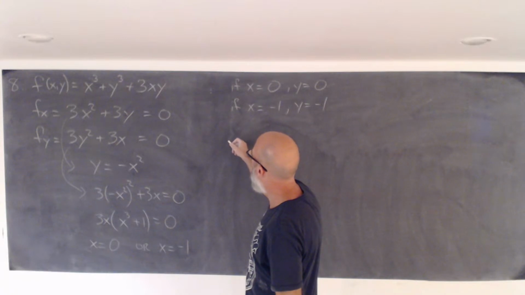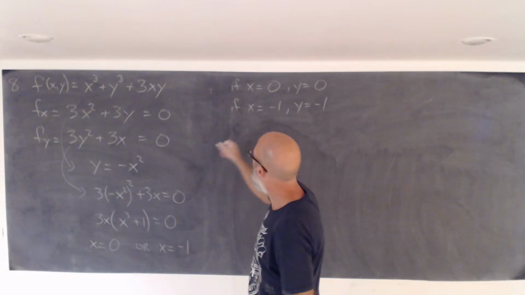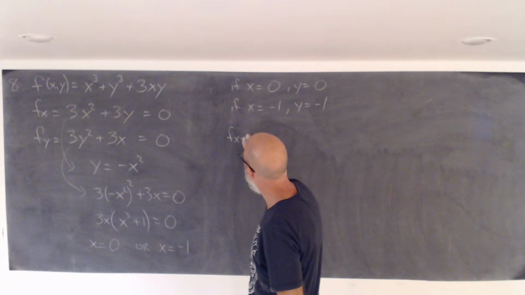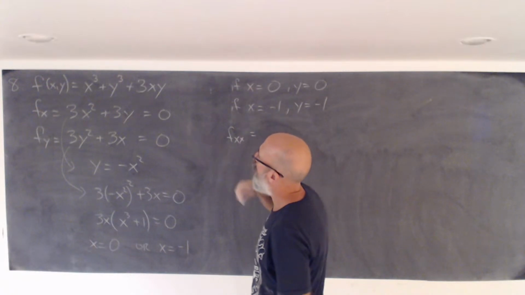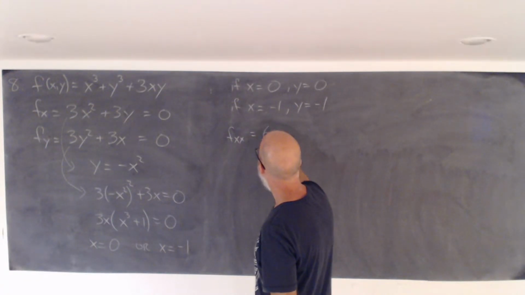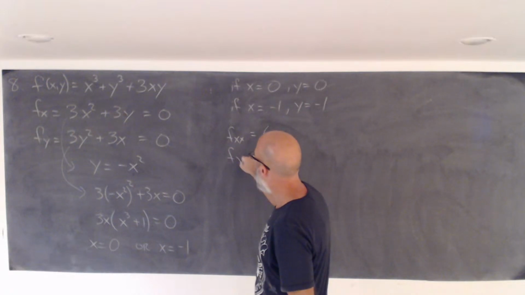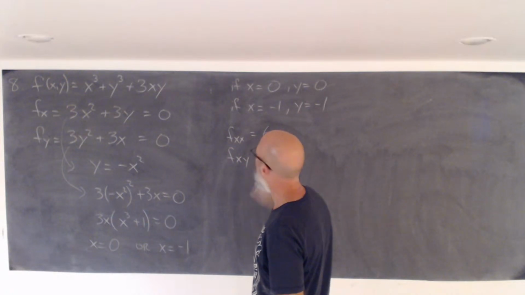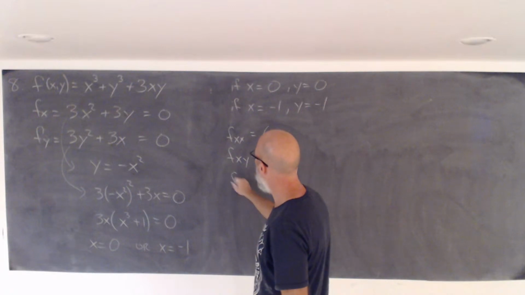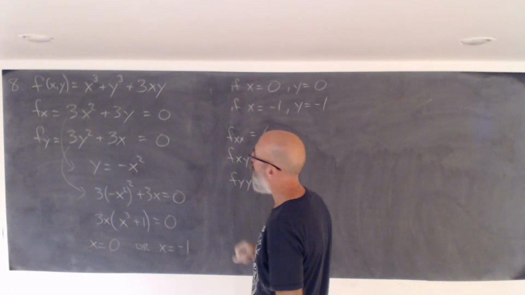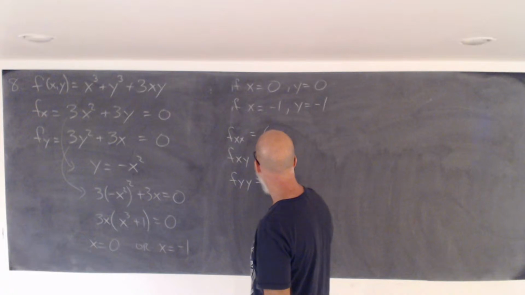So let's test. Let's figure out the second derivatives. f of xx is 6x, f of xy is 3, and f of yy is 6y.